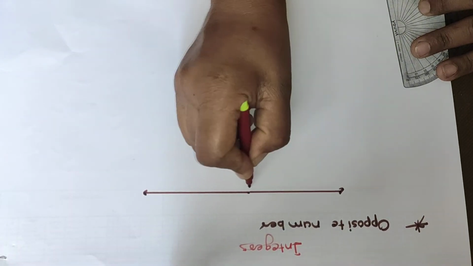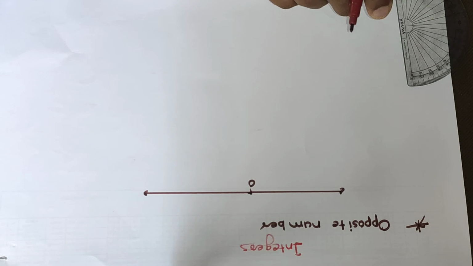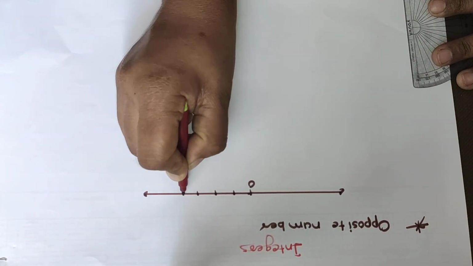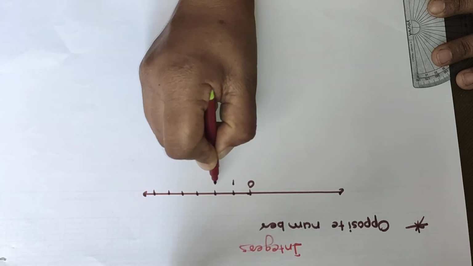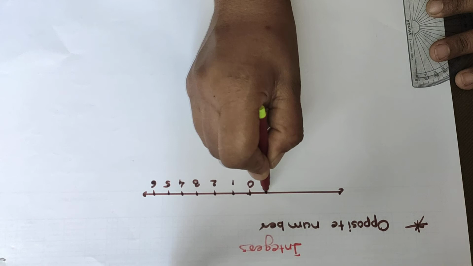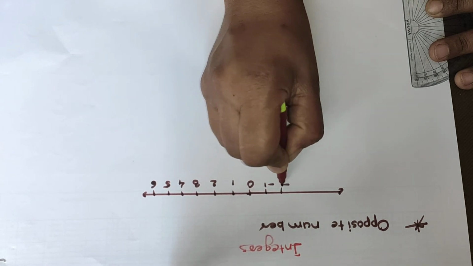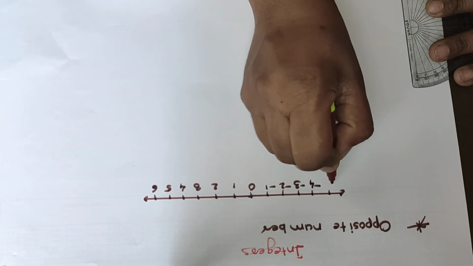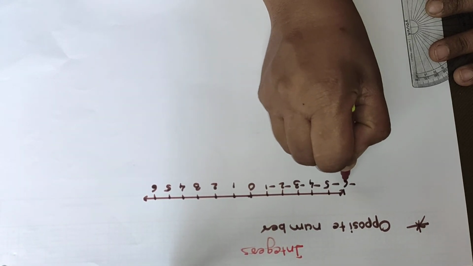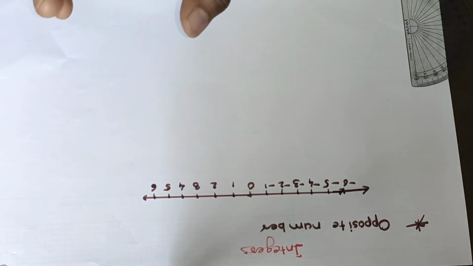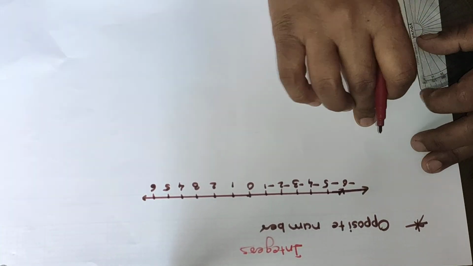This is the 0, it is at the center, and as you know, positive numbers we write towards the right side. So it is 1, 2, 3, 4, 5 and 6, and negative numbers we write towards the left side. So minus 2, minus 3, minus 4, minus 5, minus 6 and so on. This number line doesn't have an end. It increases on both sides.